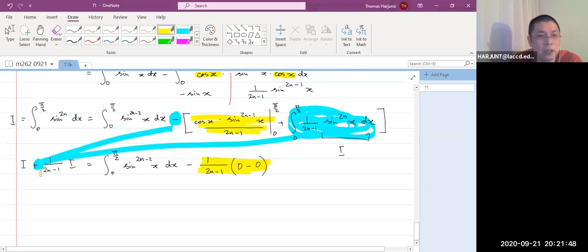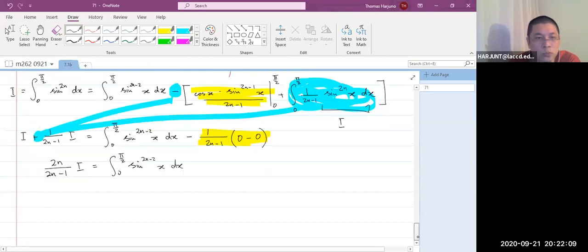So basically, if I combine my terms, that's 2n over 2n minus 1 I equals the integral from 0 to pi over 2 of sine to the 2n minus 2 of x dx.